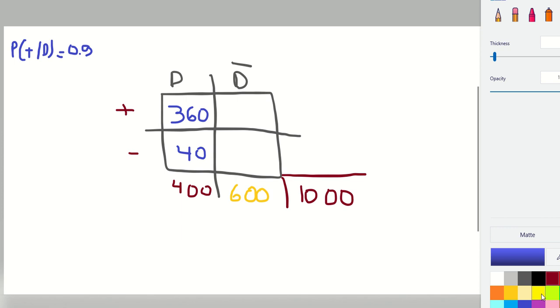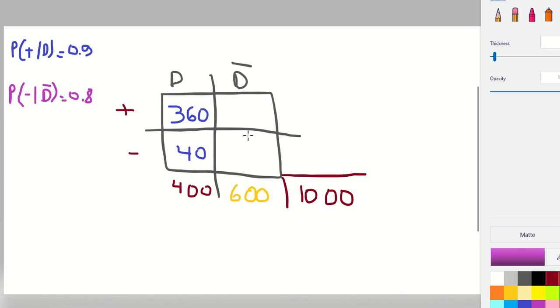The second value we're given is the specificity, which is the probability of testing negative given not diseased, and we're told this is equal to 0.8. That means given not diseased, we're looking at the yellow number here, and we're saying that 80% of these 600 are testing negative, and I should put them here.